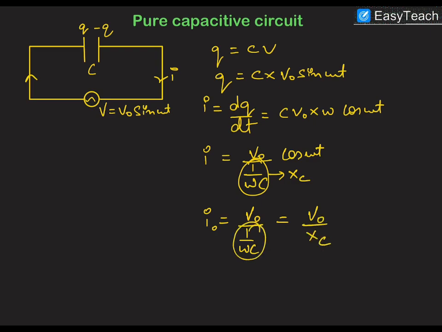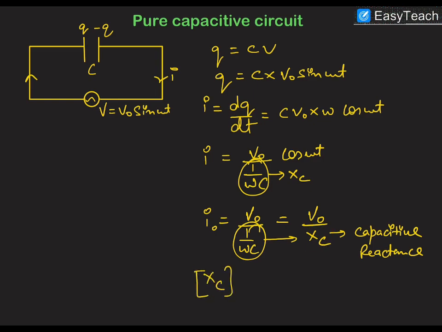Let us assign a symbol Xc, with C in subscript, and this Xc has a name: it is called capacitive reactance. Now, if you compare it with the general form of Ohm's law, in which I is equal to V by R, this quantity must have the dimensions of resistance.